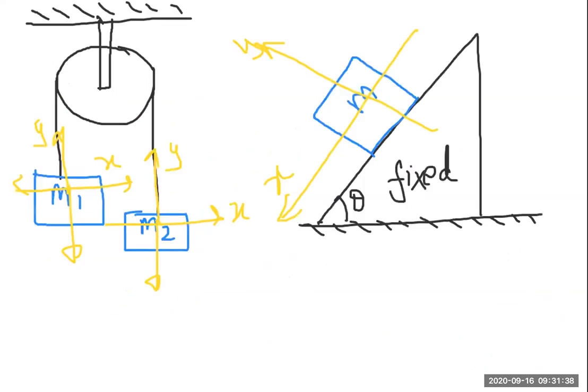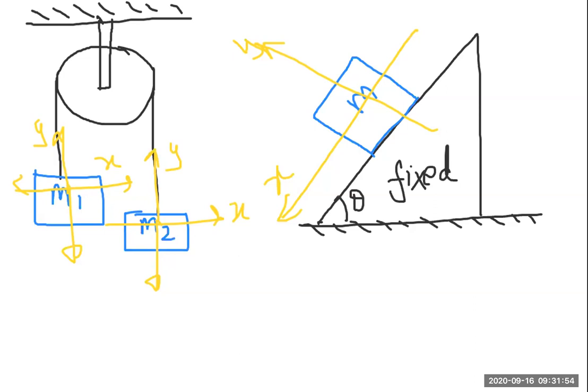So here also, in the second case, remember that I will not change the orientation of the forces. The forces will remain as they are. I will change, however, the orientation of the axis.